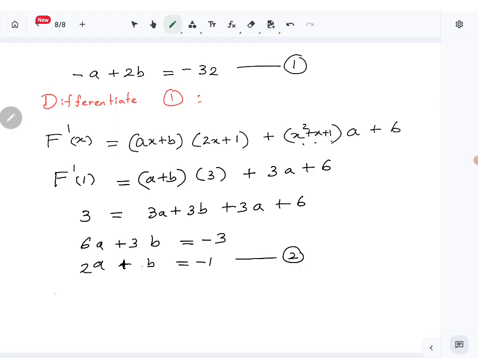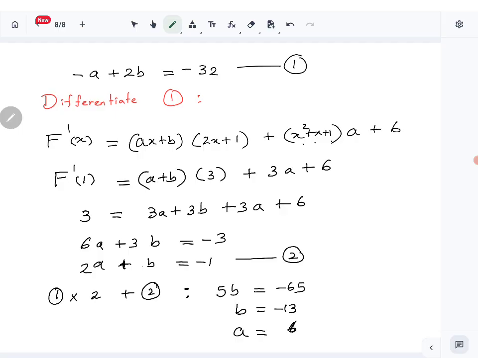We'll do this one times 2 plus the second equation. So the a's cancel, I get 5b equals minus 65, or b equals minus 13. Then what is a? From the second one I can get, b is minus 13, so a is 6.